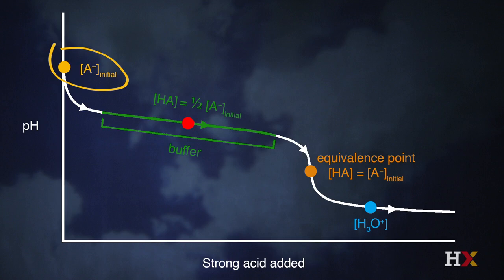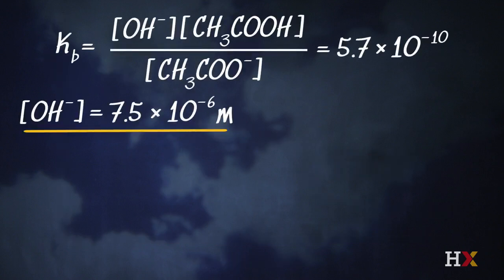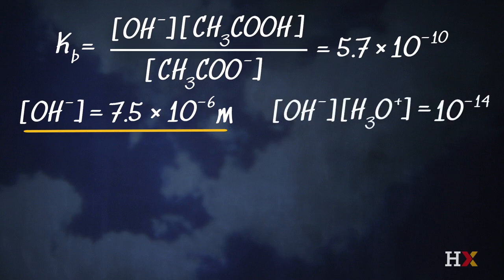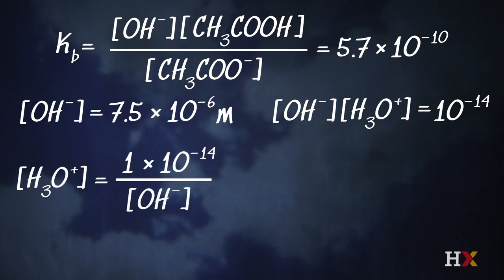Aha! So that's given us the initial point in our plot of pH versus the acid added to this weak base. And of course, once we've calculated the hydroxide anion concentration, we can insert that directly into the autoionization of water to calculate the H3O plus concentration. So let's do that. The H3O plus concentration is equal to the water dissociation constant, 10 to the minus 14, divided by our concentration of the hydroxide anion.